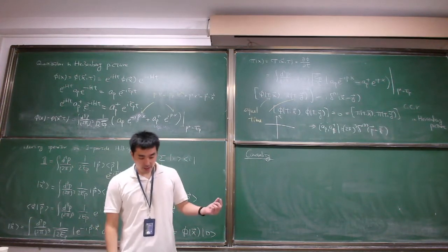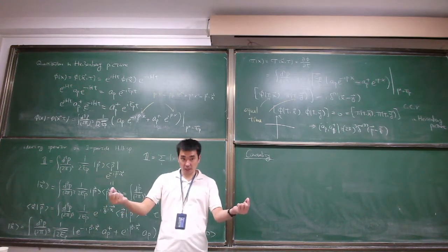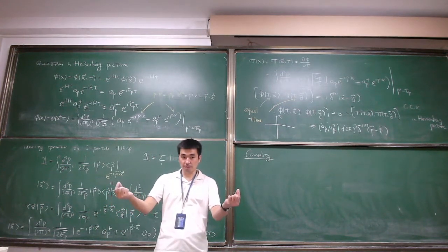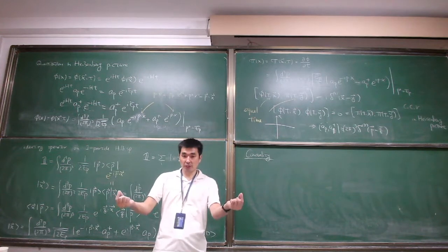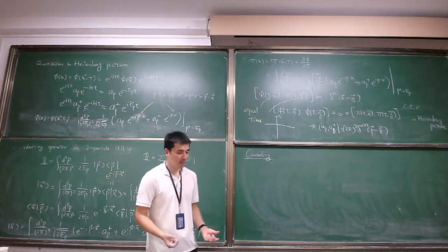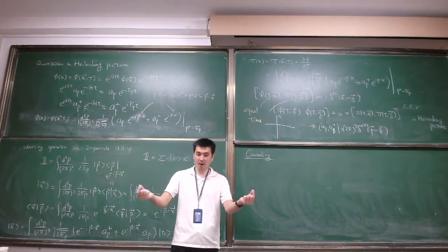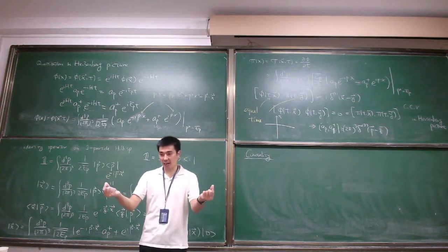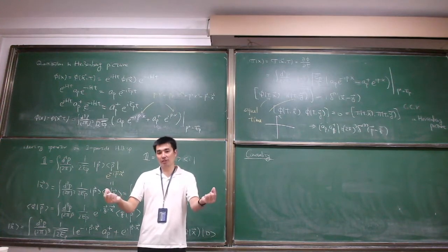If two points are separated spatially, with space-like separation, the measurement here does not affect the measurement here. Okay, so that's causality. Causality means if point x and point y are separated space-like, the measurement here does not affect the measurement here.